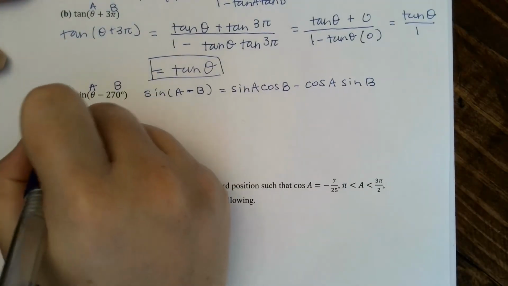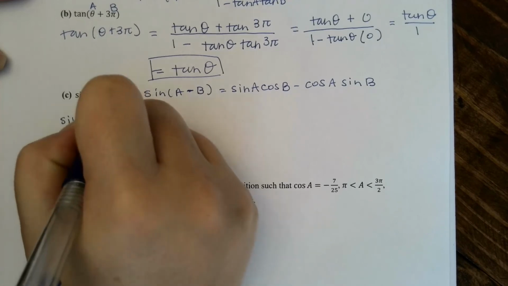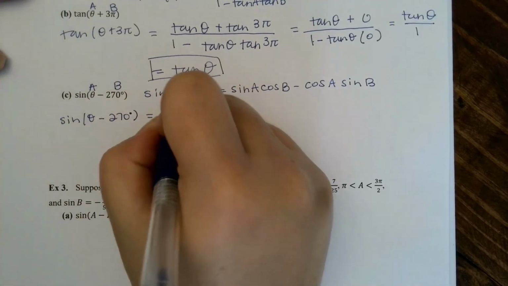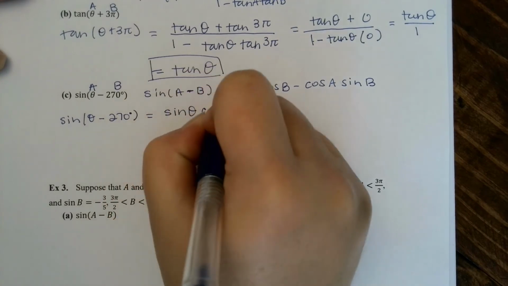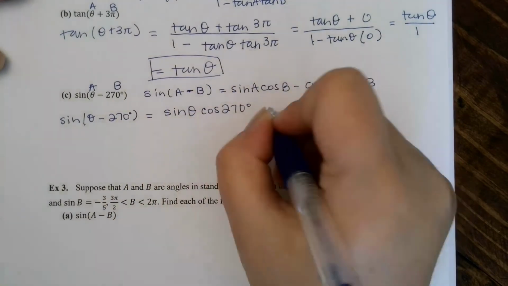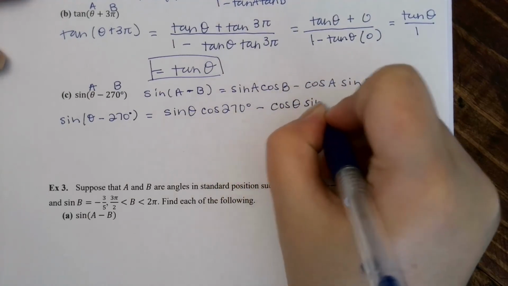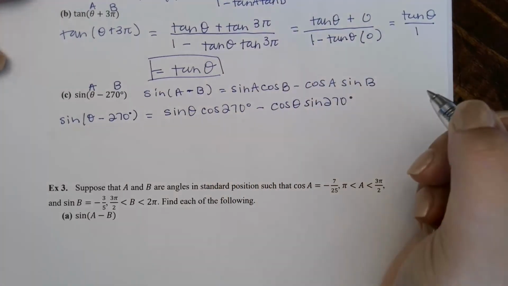So if we plug that in, we have sine of theta minus 270 is equal to sine theta times cosine of 270 degrees minus cosine theta times sine of 270 degrees.